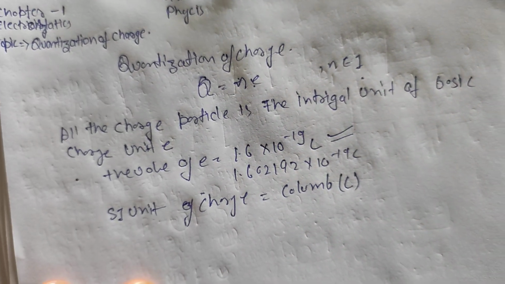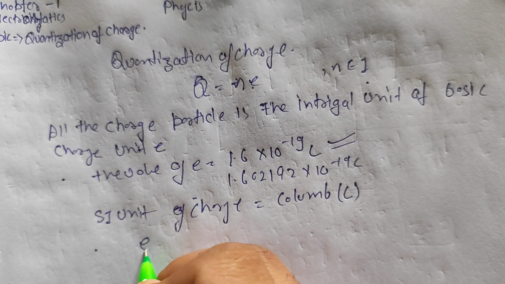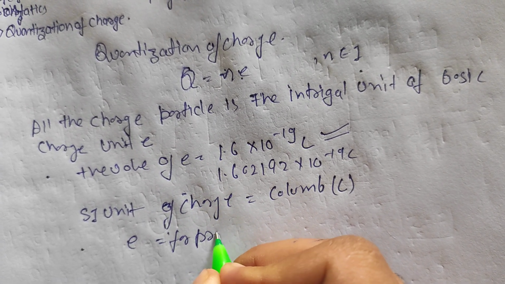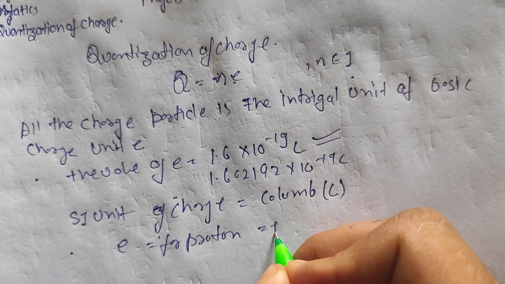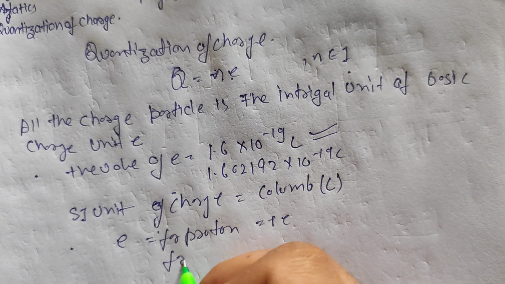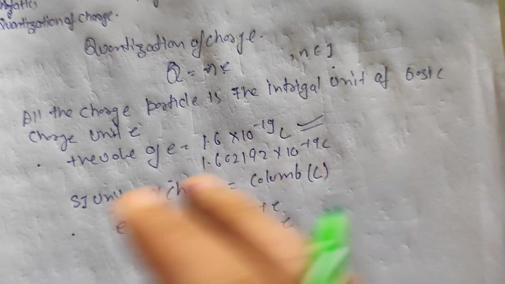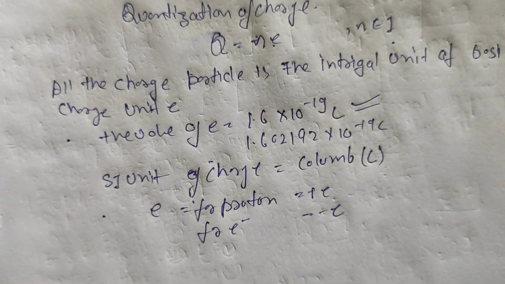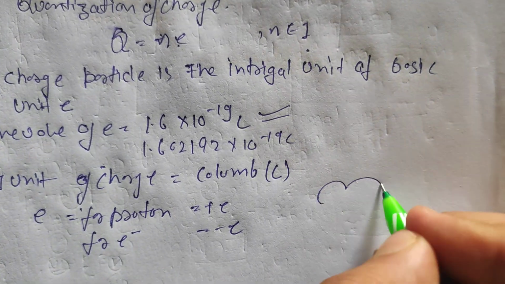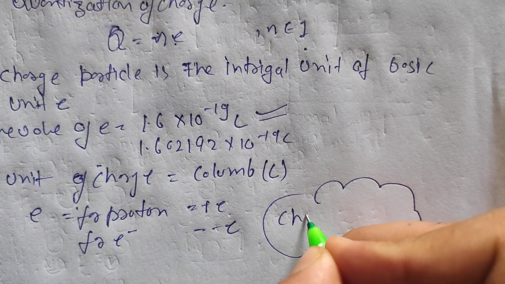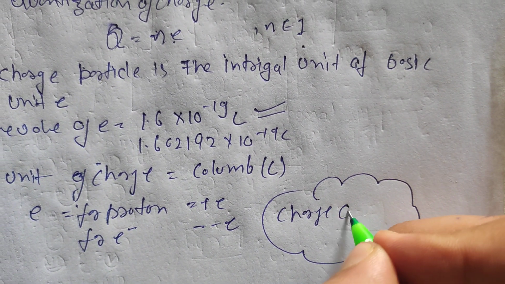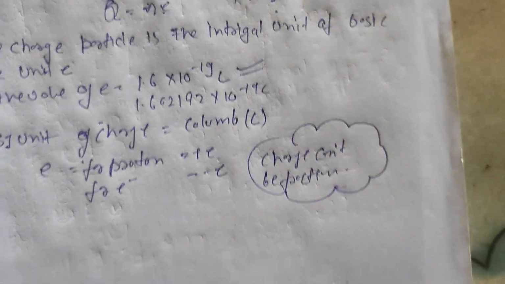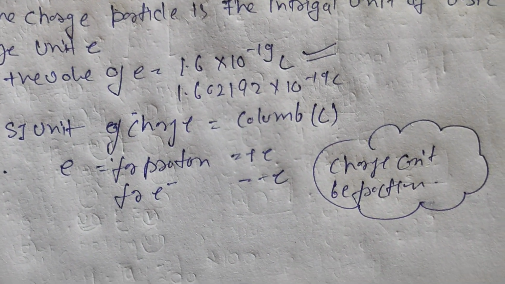Some interesting facts: e is the basic unit, so for a proton it is positive e, and for an electron it is negative e, because by default the electron is negative. And another fact is that charge can't be a fraction.